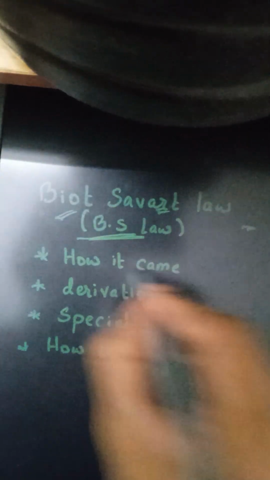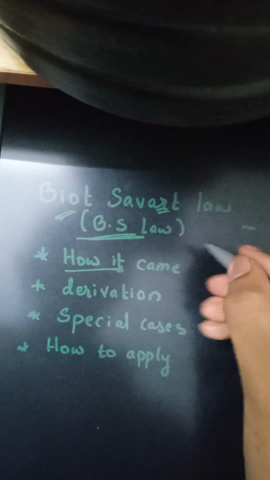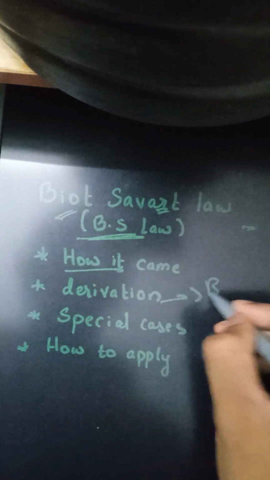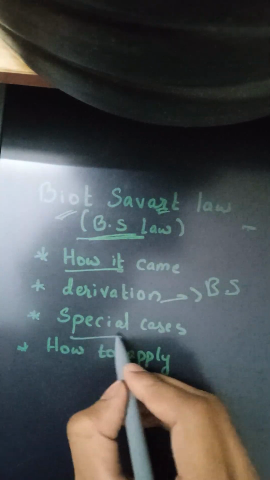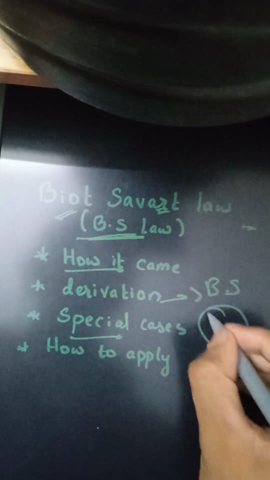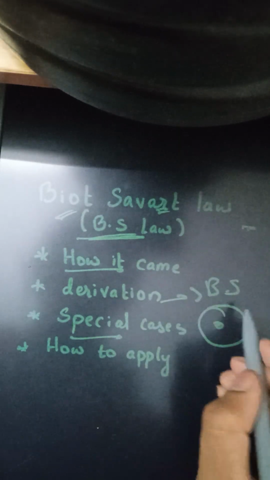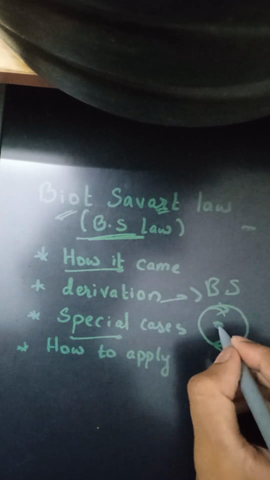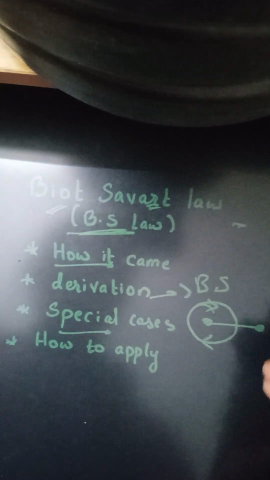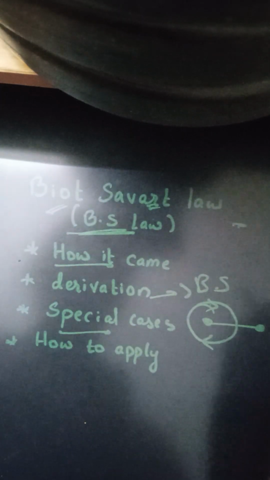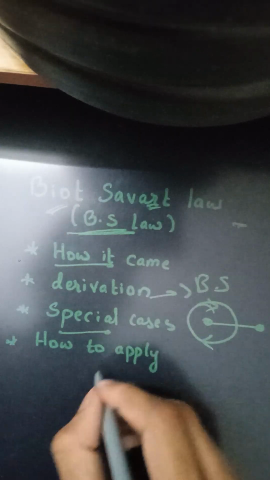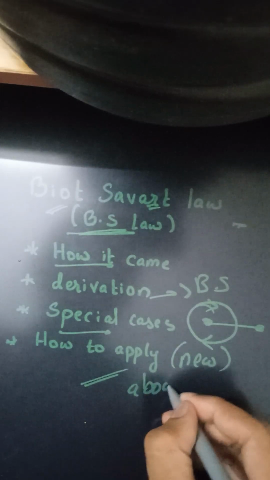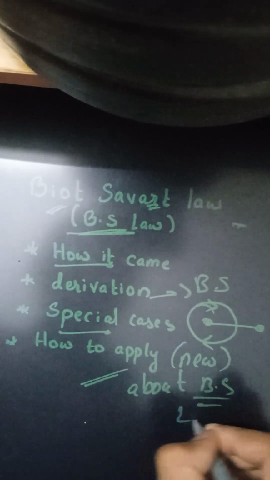We will see how the Biot-Savart law came, what the theory behind it is, and the derivation of the formula of Biot-Savart law. We will also discuss special cases: the magnetic field at the center of a ring due to the current carrying conductor, and the magnetic field at the axial point of the ring, and how to apply it in numericals about Biot-Savart law.